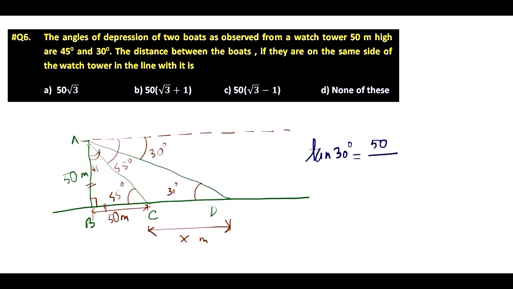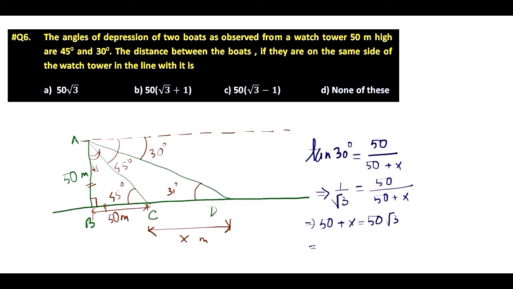And what will be the base? Many students write this as CD, but remember your complete right triangle is here, so the base will be completely this side, so it is 50 plus x. Now all that you need is to simplify, and that will give you the result. Now we'll do the cross multiplication.